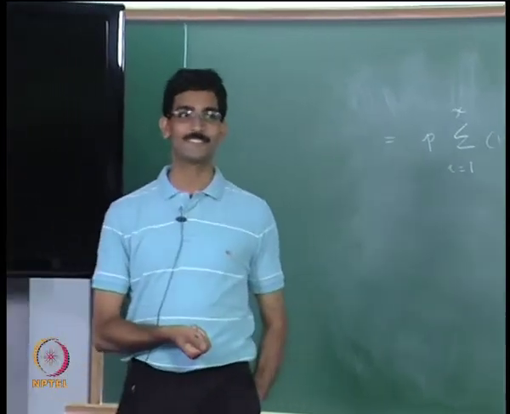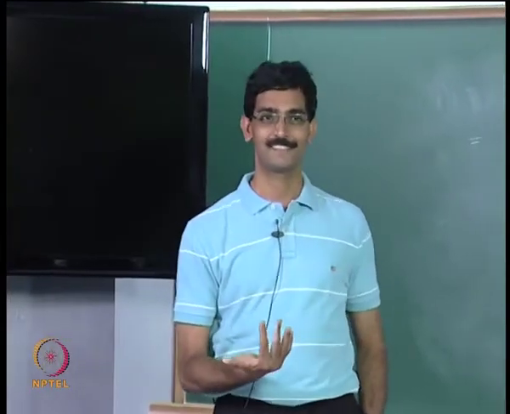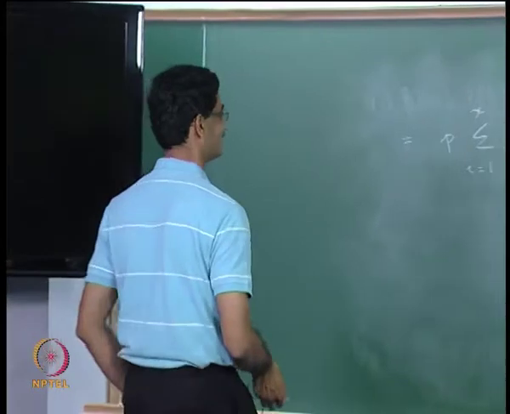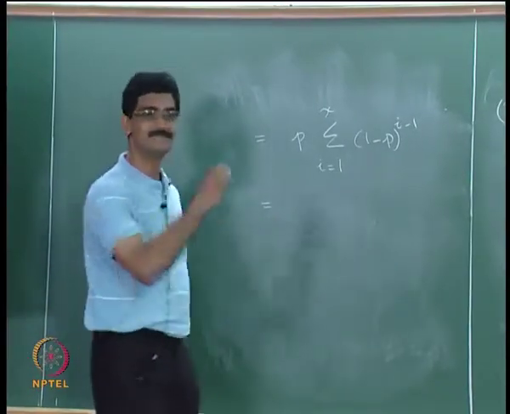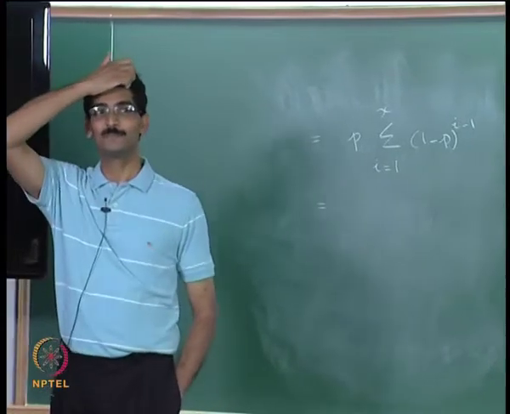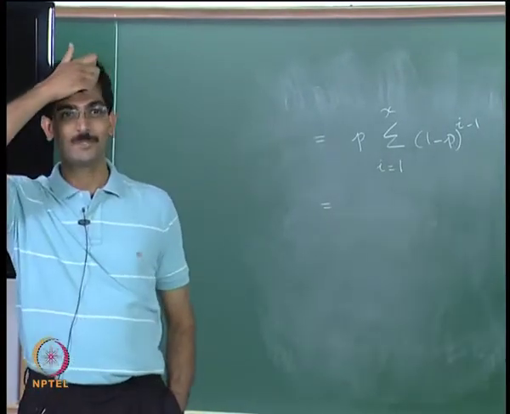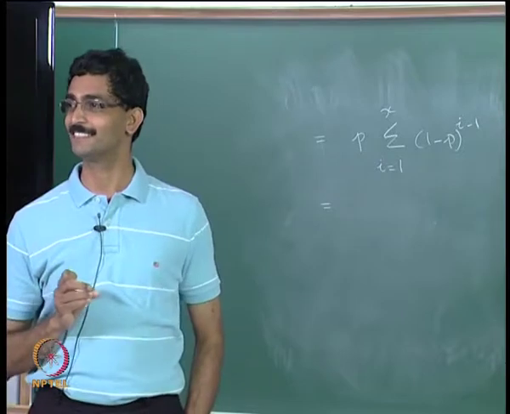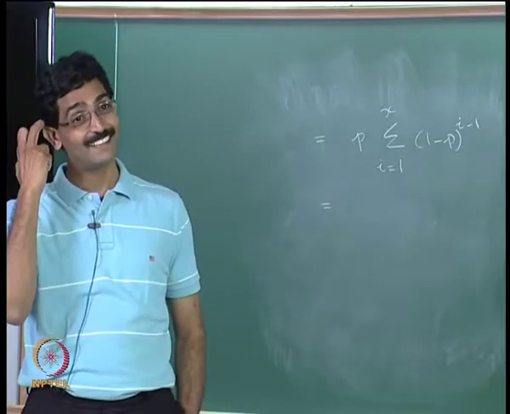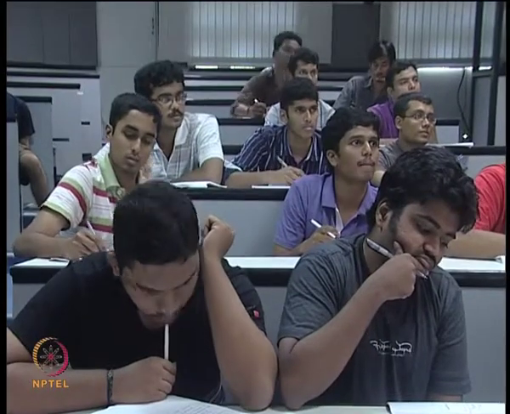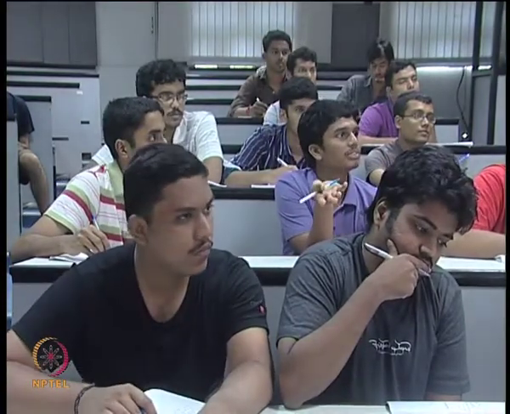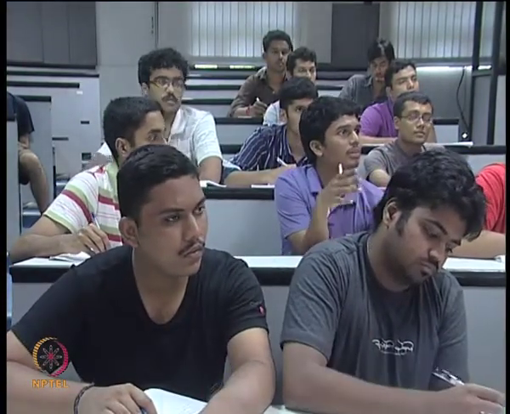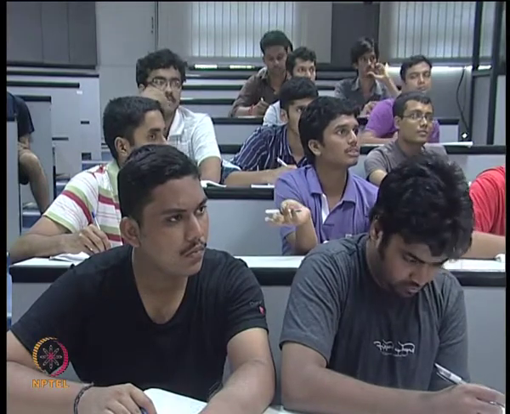So, what is the expression for that? What is your geometric series summation? It's 1 minus all the first x will be failures. So it is 1 minus p whole square.